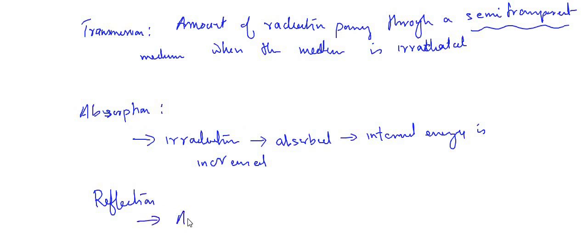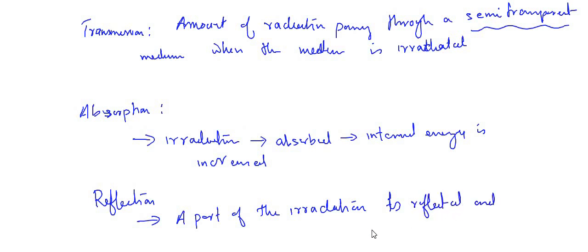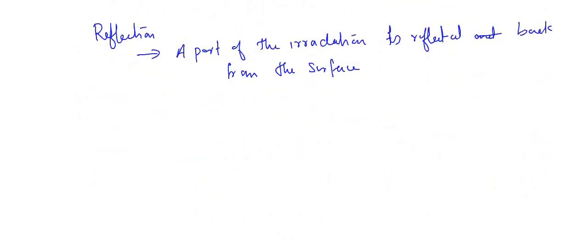A part of the irradiation is reflected back from the surface, and it does not make any effect on the medium.